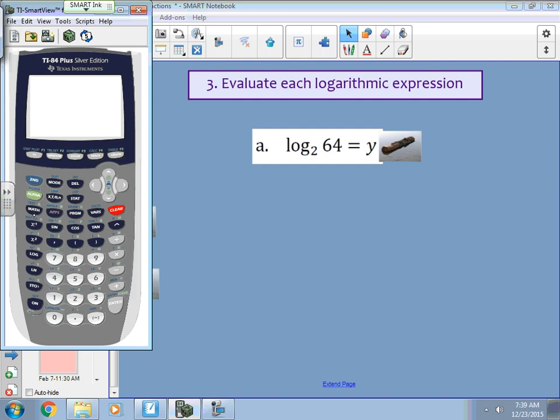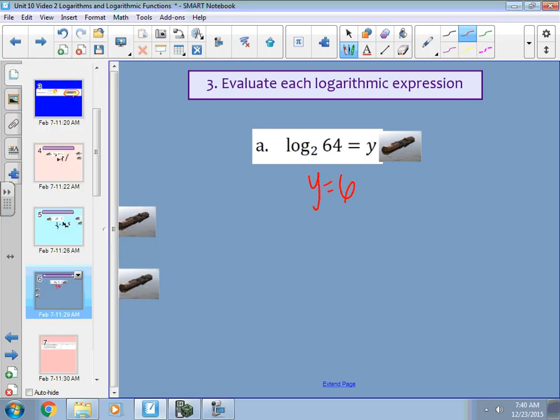Hit math, find that log base, and you can just type it in 2, and we can type in 64. And you can hit enter, and it looks like the y in this case equals 6. Okay, so that would be one way to do it. Use your calculator and you can test it.